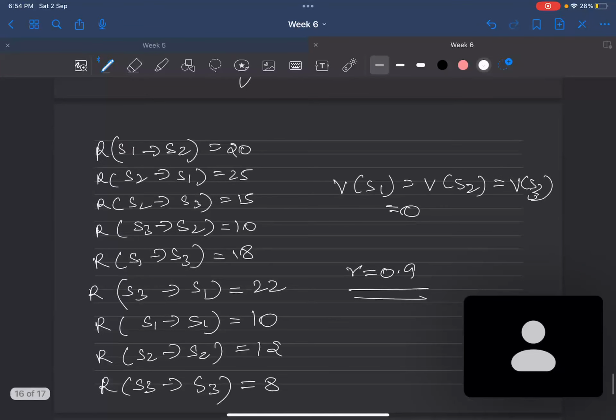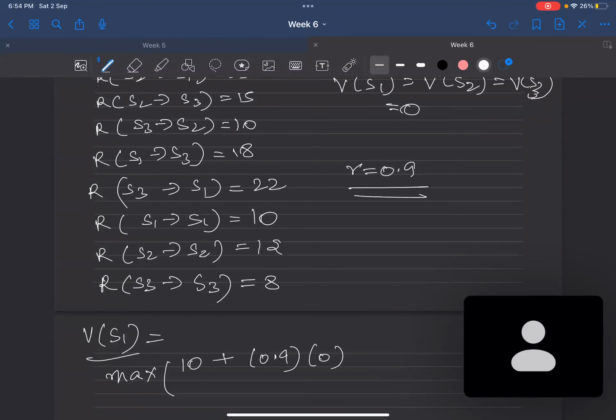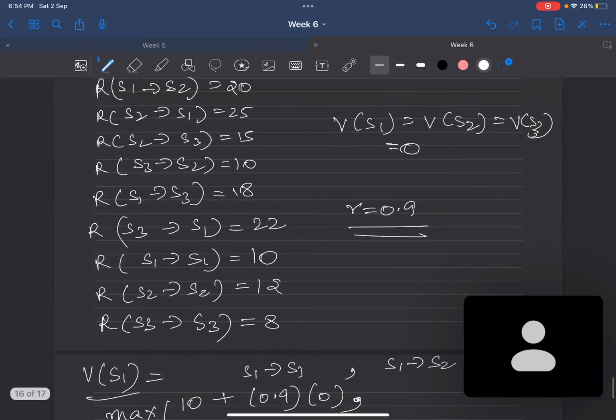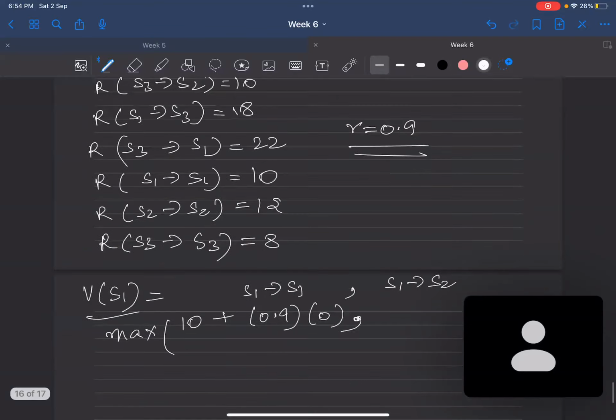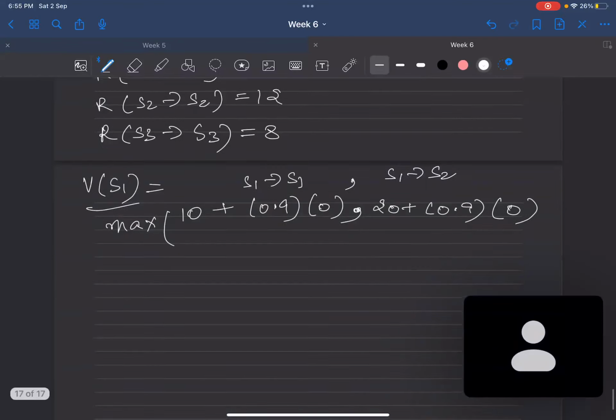What is the reward here? 10 plus 0.9 times V of S1, which is 0. Then S1 to S2. What is the reward here? 20 plus gamma, that is 0.9, and V of S2 is 0 basically.